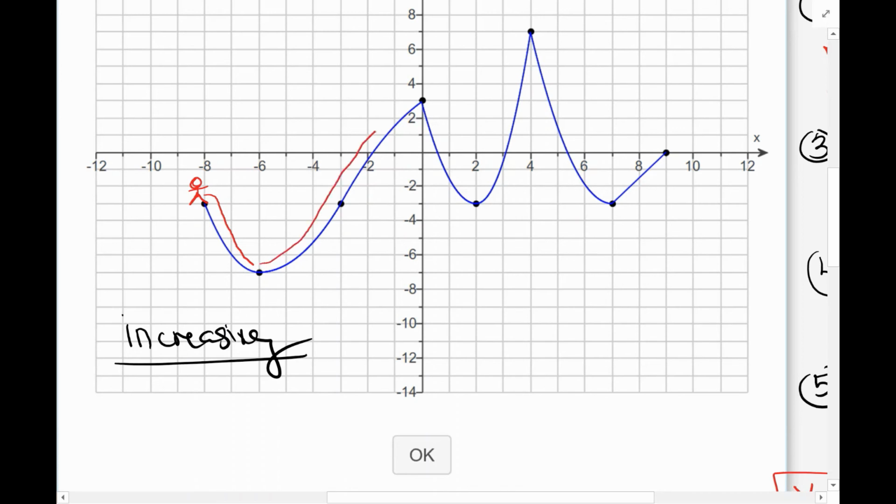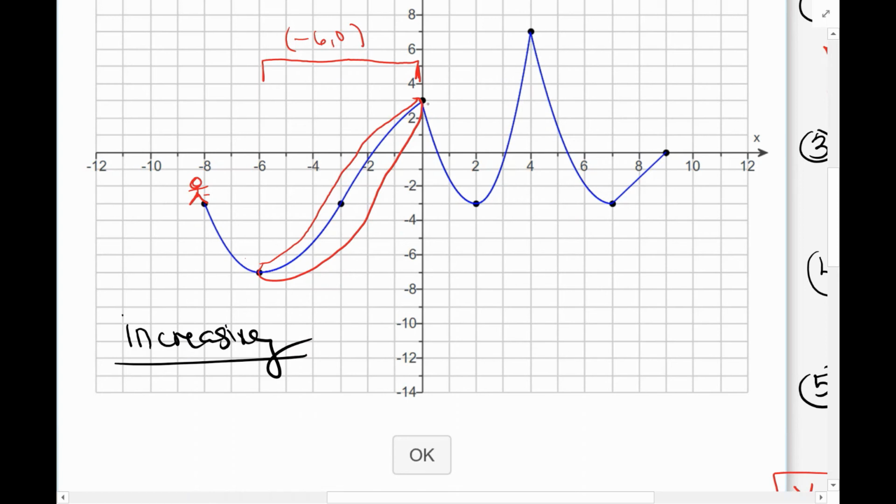So this is going to be increasing. So I don't want this first part, right? Because that's decreasing. I want this part. What interval is this? That interval would be from -6 to 0. So -6 to 0 is going to be increasing.